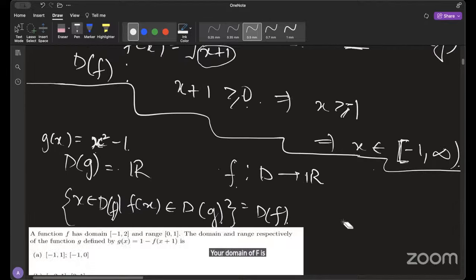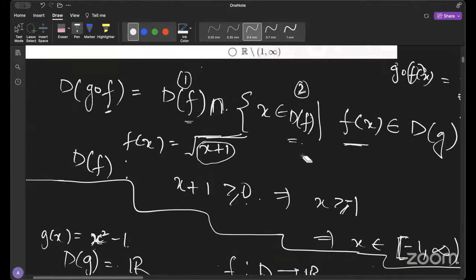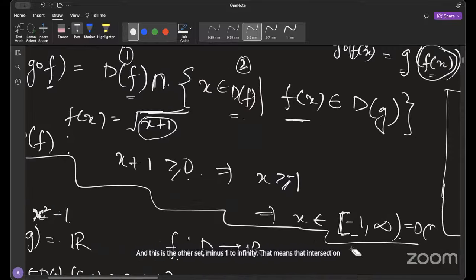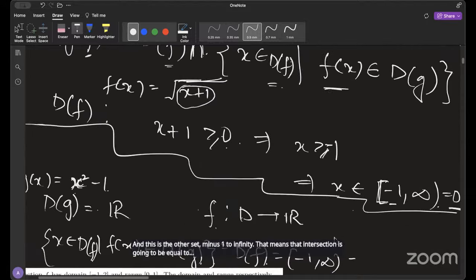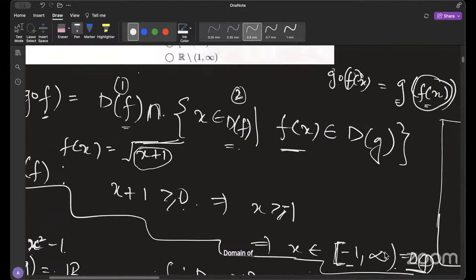Your domain of f is this, -1 to infinity. That means you have to take now this entire thing. This is the second expression. The domain of f is -1 to infinity. That means their intersection is going to be equal to the domain of GOF.